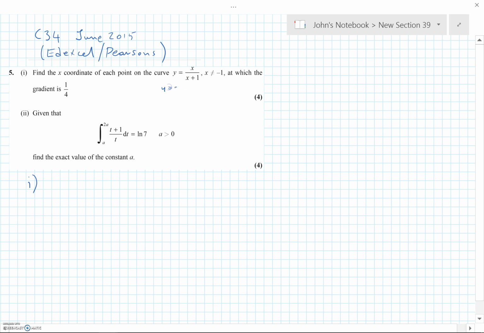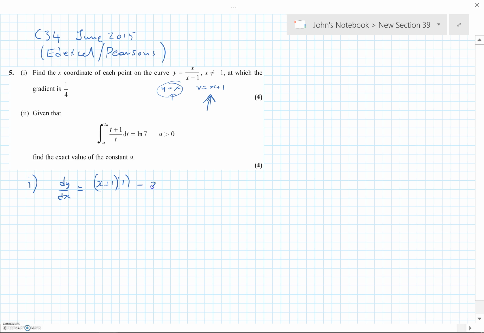Obviously letting u equals x and v equals x plus 1, and then putting it straight into the formula. Let's not beat about the bush here. So it's equal to this bit differentiated, du by dx, times this, so that's x plus 1 times 1, take away this bit differentiated, which is 1, times this.